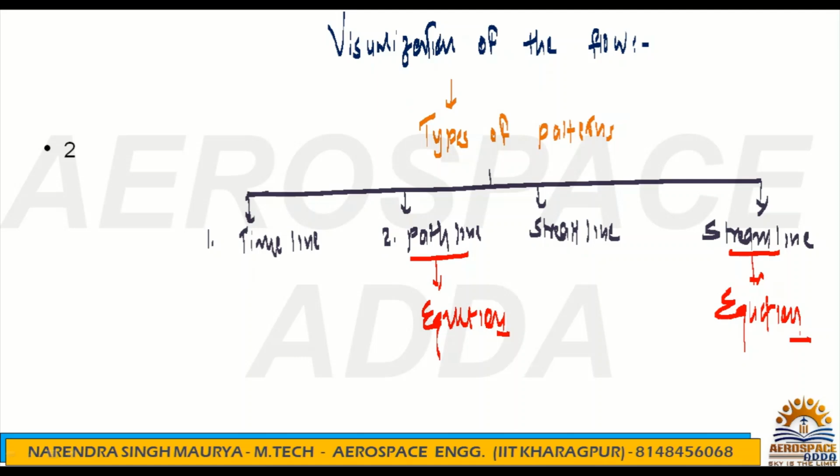Instant means it's a time. For any given instant, maybe for 1 second, 2 seconds, 3 seconds. So how to draw the pattern? We have to take, at any instant, the fluid particles, and they are marked at the same instant of time. Whatever observation we get will provide the information about the flow field.